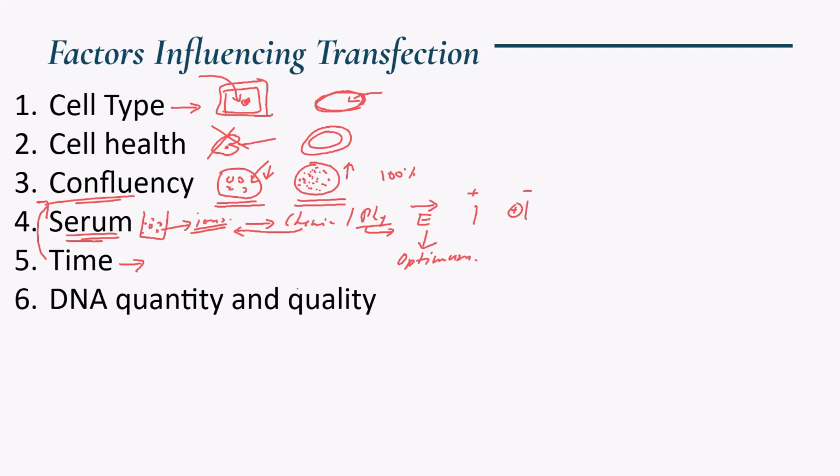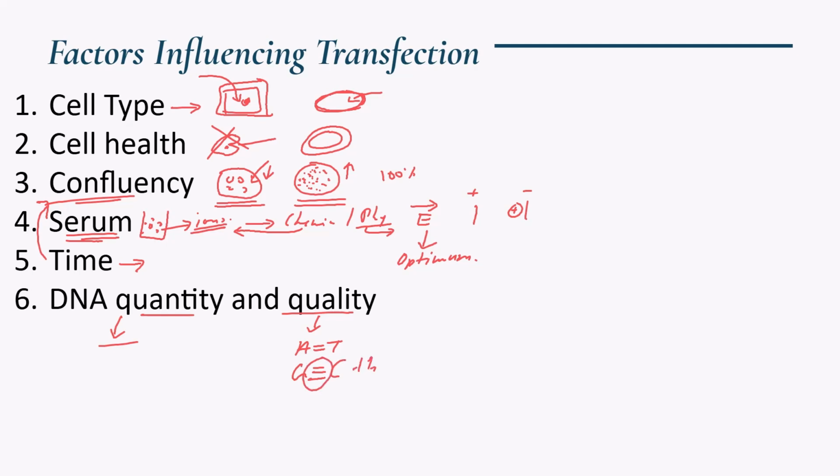And then DNA quantity and quality. In DNA quantity, if the quantity of DNA is very low, can we ensure that all the cells will receive the DNA? No. So it's logical. And the DNA quality, if the DNA has more A, T base pairs. So what happens? If GC is present, they have 3 hydrogen bonds between them, right?